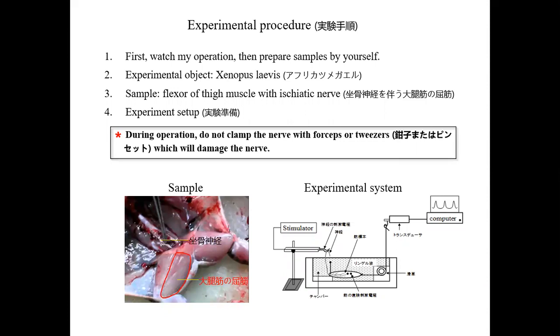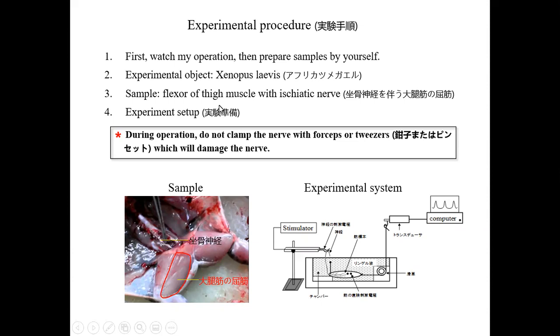And before experiments, I will show you how to prepare the sample. Then you are going to prepare the sample by yourself. This is the only chance for you to operate on the floor. So please actively recommend yourself for the operation.